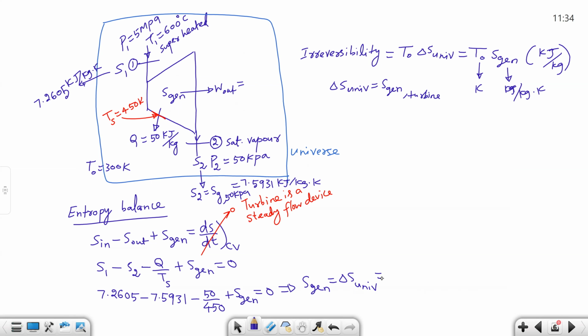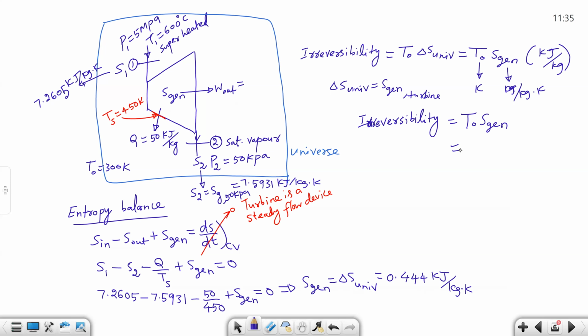Point 444 kilojoule per kilogram Kelvin. So now you got the entropy generation. Now irreversibility is T0 into entropy generation.